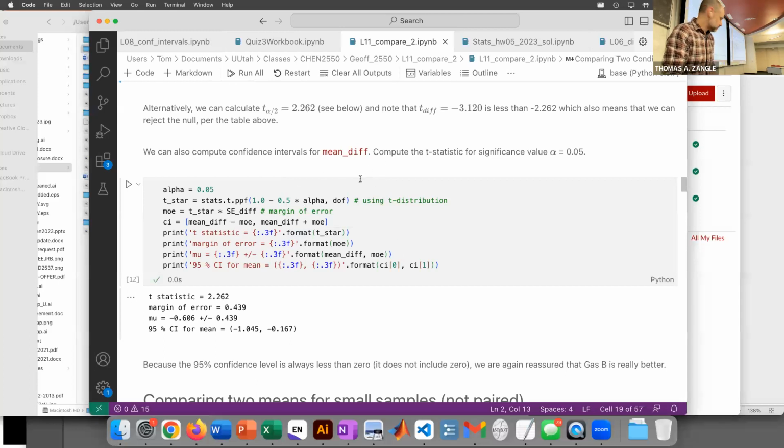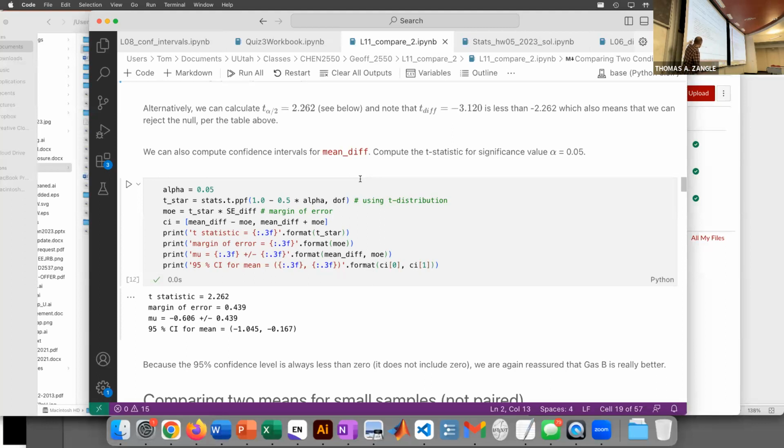So as a final calculation here, we can also, again, use the methods from previous lectures to compute a 95% confidence interval from the t-distribution on what our observed mean was. And so in this case, our t-statistic is based on alpha over 2. What we end up with is a margin of error based on the observed standard error. 0.4 standard error times that t-statistic is 0.439.